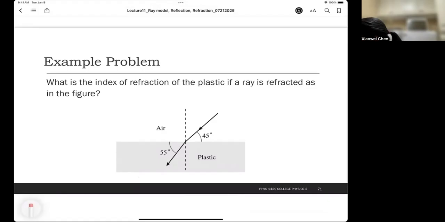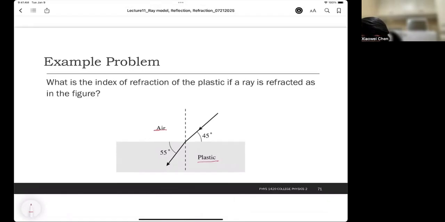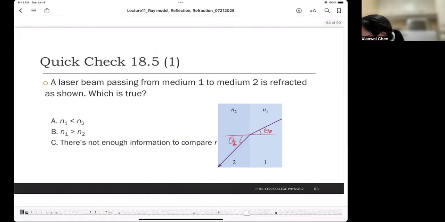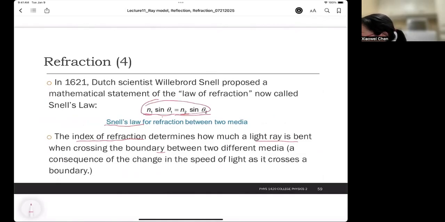Here this is air, this is plastic, this is the incident ray, and this is the refracted ray. We can calculate the index of refraction using Snell's law. That makes sense to you?